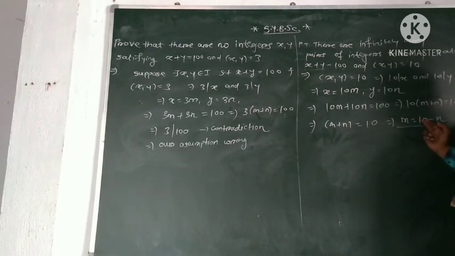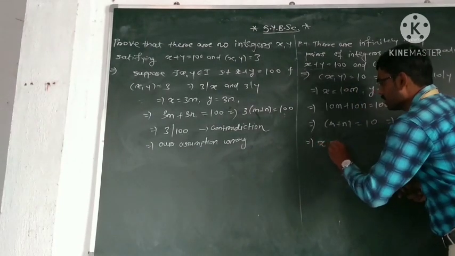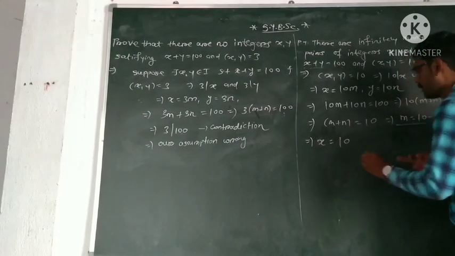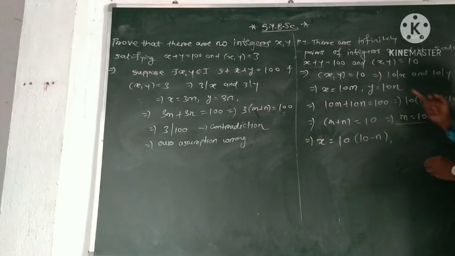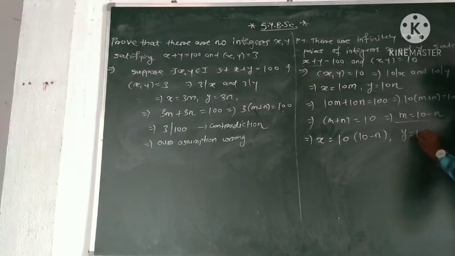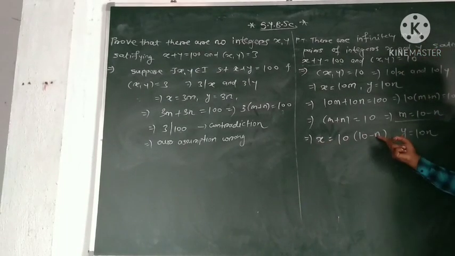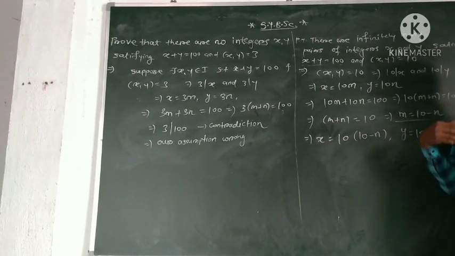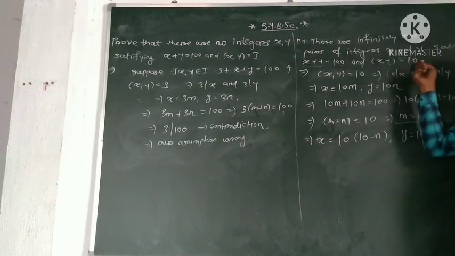So x is equal to 10 times (10 minus n) and y is equal to 10n. So n is an integer, so there are infinitely many values of x and y satisfying these conditions.